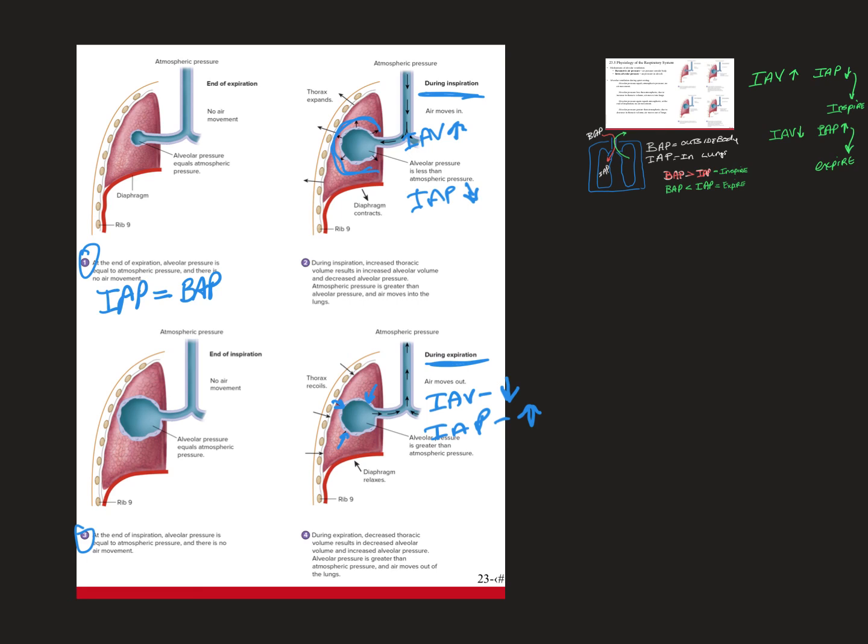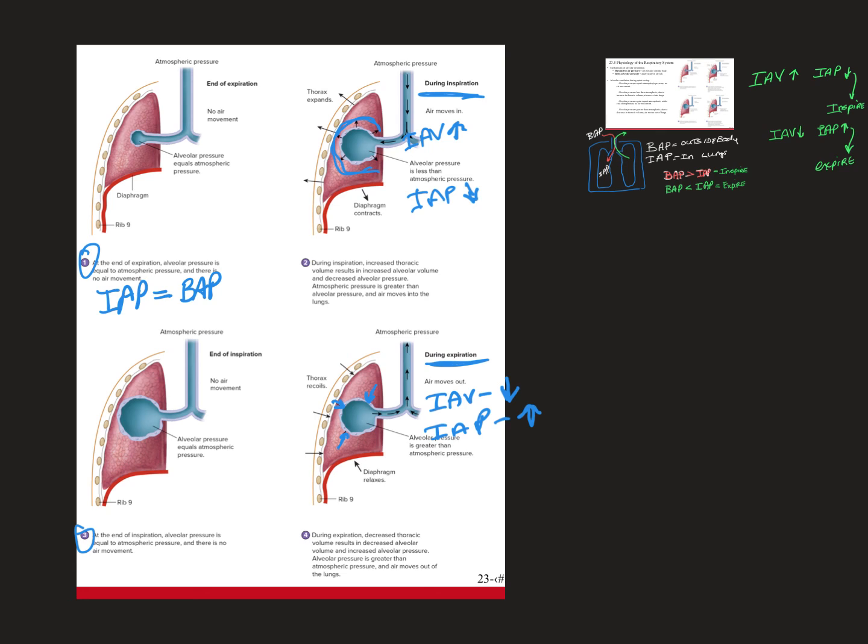Okay? So that pause happens because the pressure reaches an equilibrium. When barometric pressure equals intraalveolar pressure, air stops moving. So you have to do a muscle contraction.